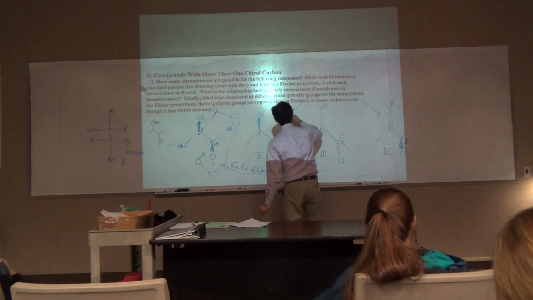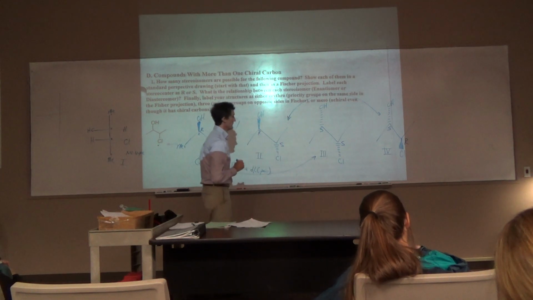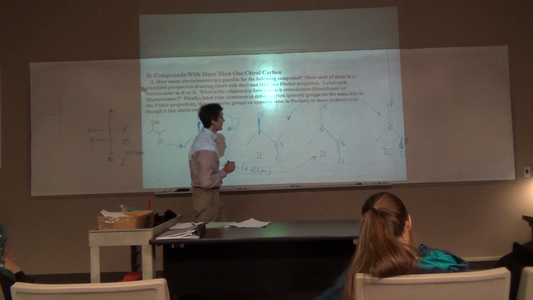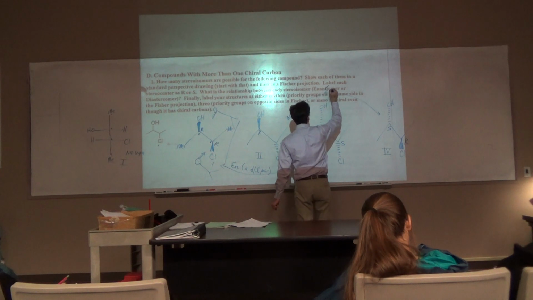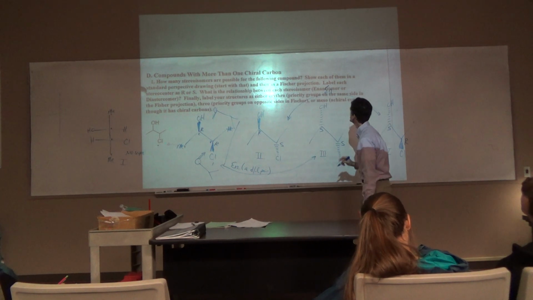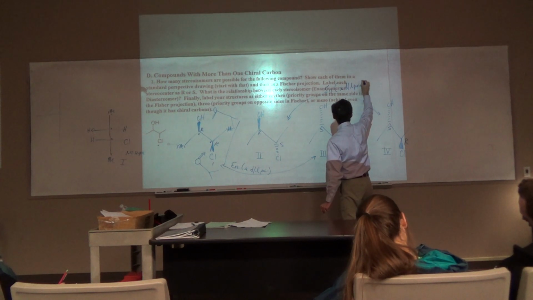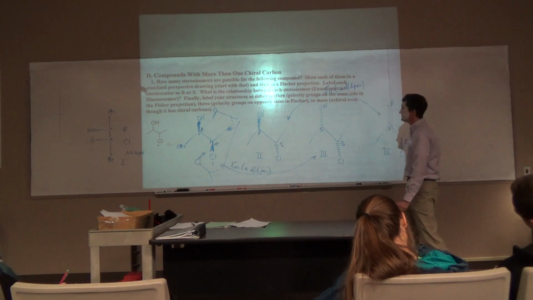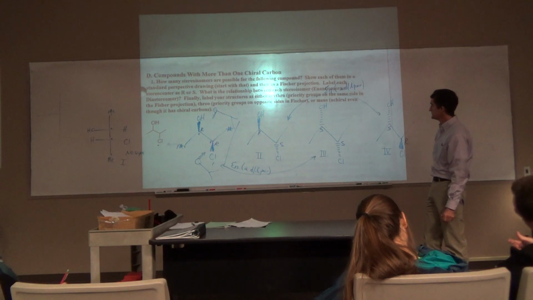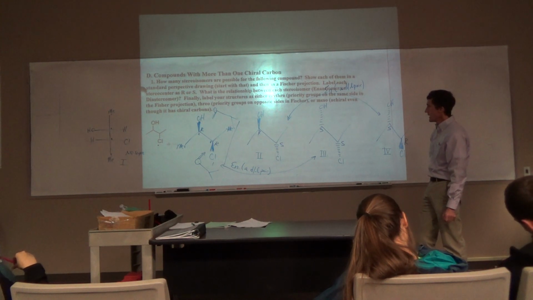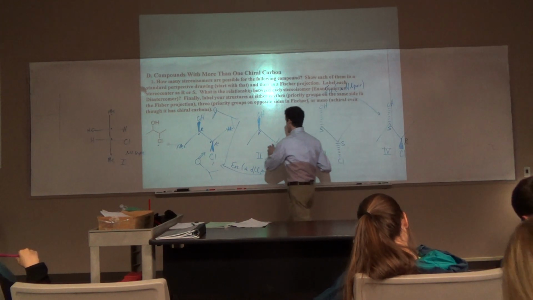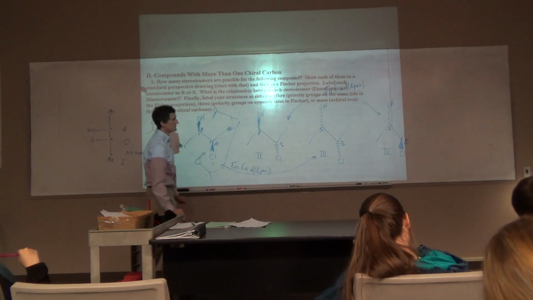Yeah, they're mirror images. 2 and 4 are mirror images, but they're also enantiomers. It's another DL pair. You want to make sure you prove yourself that there's no plane of symmetry here.